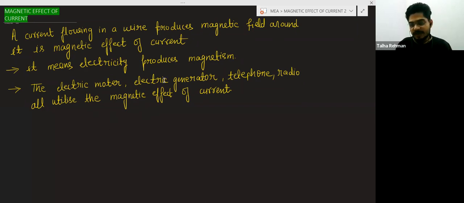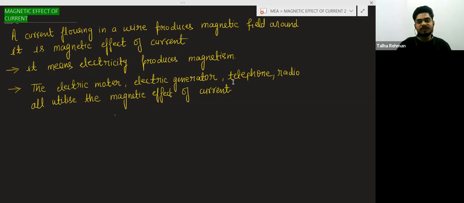The electric motor and electric generator have been deleted from your syllabus. Basically these work on the magnetic effect of current. What happens there? In an electric generator or electric motor, a coil rotates in a magnetic field, and due to that electricity is generated.